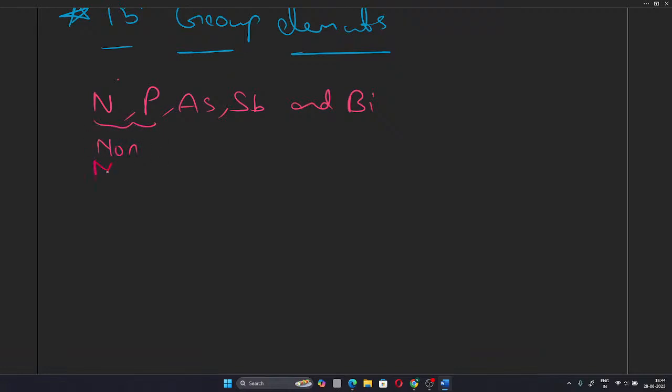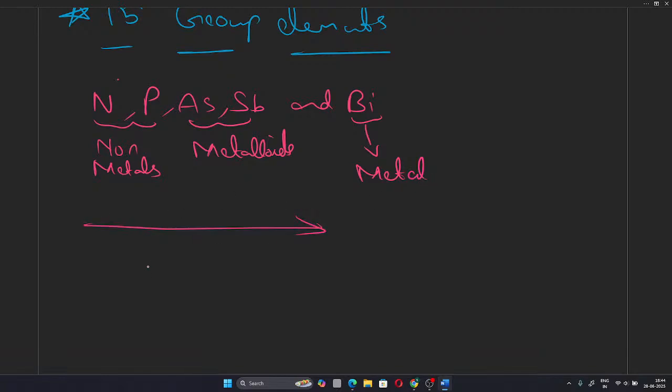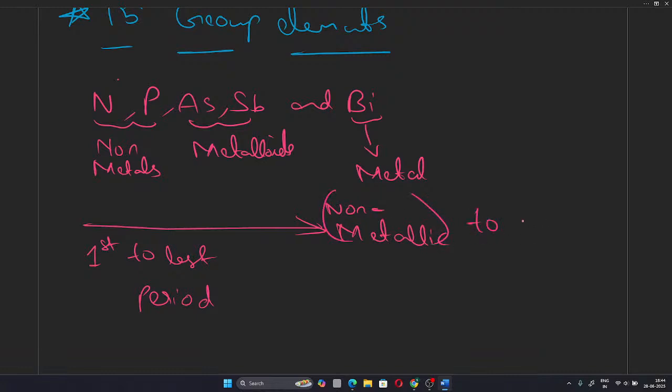Non-metals, metalloids, metal. From first to last period, metallic character goes from non-metallic character to metallic, through metalloids.